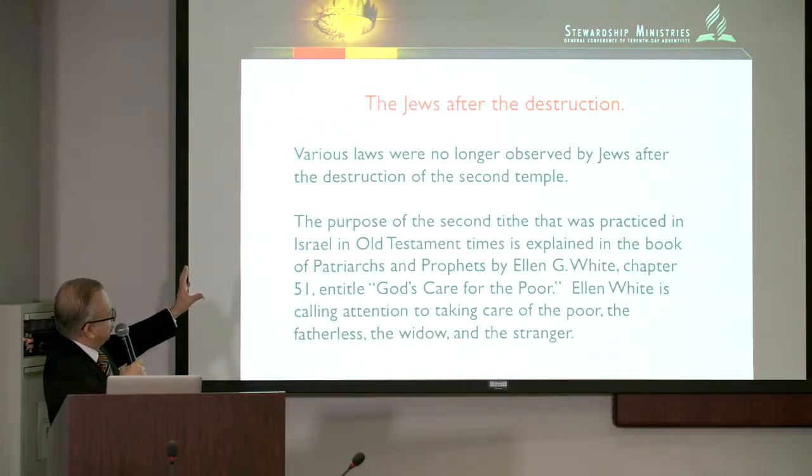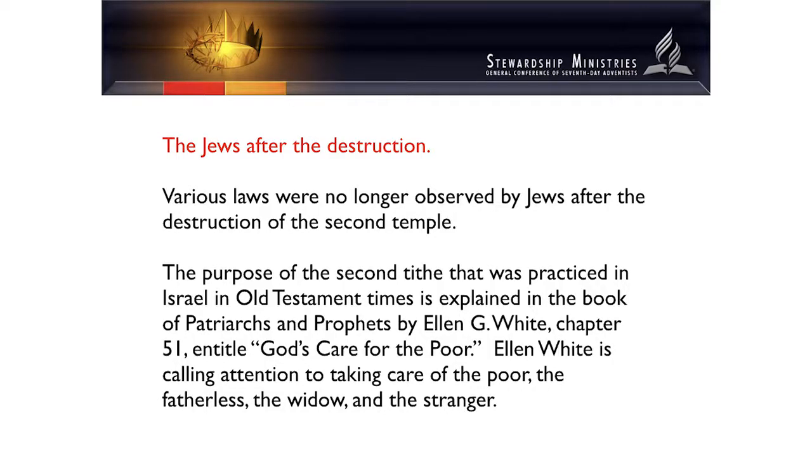What was the purpose of the second tithe? This is explained in the book Patriarchs and Prophets by Ellen G. White, chapter 51, entitled God's Care for the Poor. Ellen G. White is calling attention to taking care of the poor, the fatherless, the widow, and the stranger.